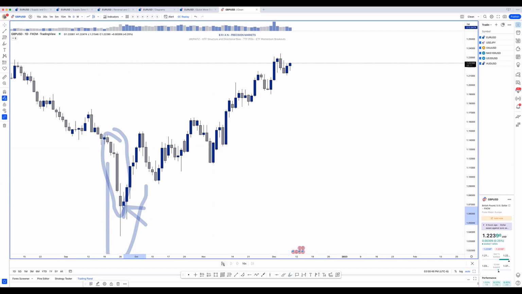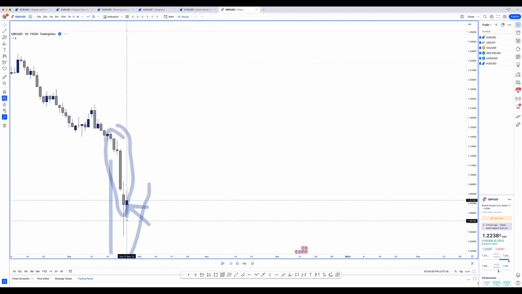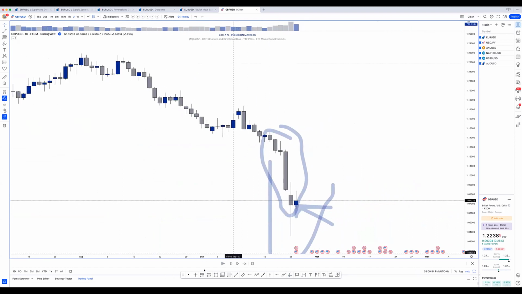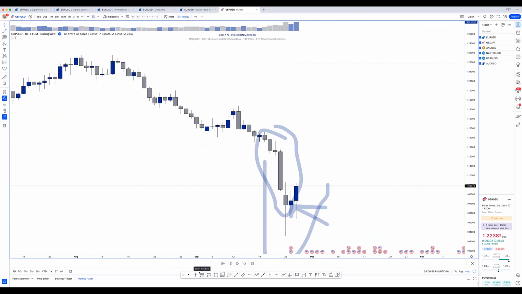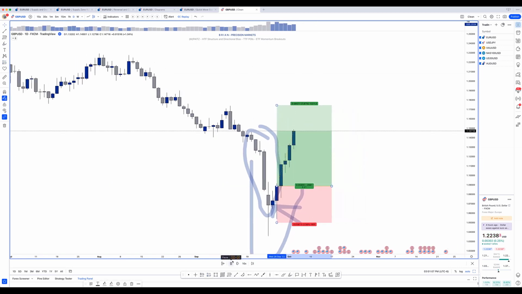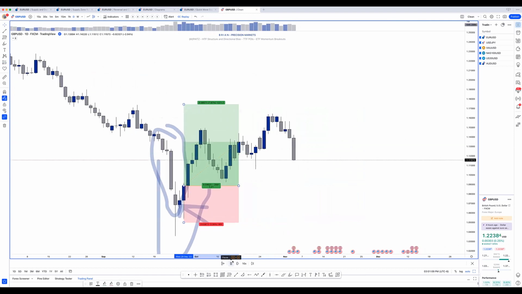So without me knowing anything, if I just see this at the right spot, that's the key. If I see this after all this momentum, and then you get this, I'm going to buy. And my target would be whatever the target is. And more than likely, that's where momentum comes in and I get rewarded.